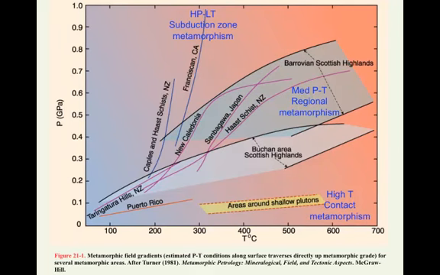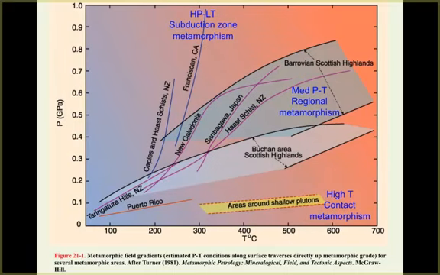We've seen this diagram before, and I pointed out the subduction, the high pressure, low temperature trend of subduction zone metamorphism, the high temperature, low pressure trend of contact metamorphism around plutons, and also this intermediate regional metamorphism, at moderate pressures and temperatures.